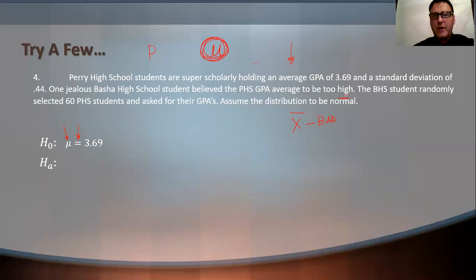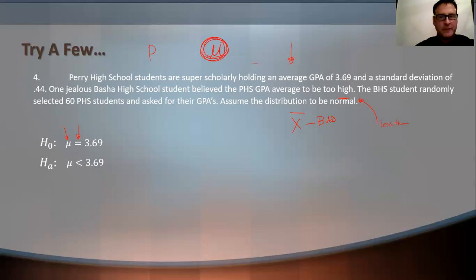And if they think it's too high, that means they believe the average to be less than. So there's a little bit of a trick there. Less than. If it's too high, then you must believe that it's actually smaller than that. So mu is equal to 3.69.